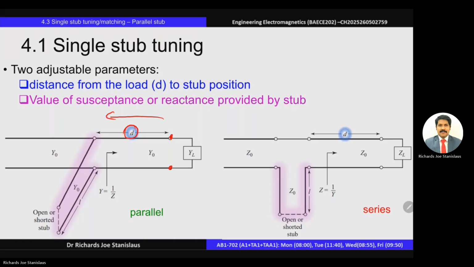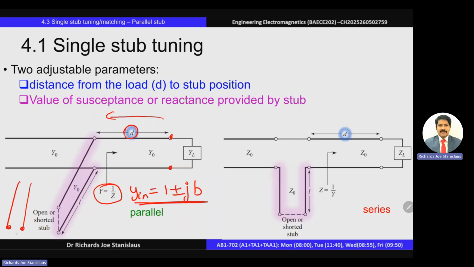We need to find a point where the normalized admittance has a value of 1 plus or minus jB. Once you find it, there we'll attach an open circuit stub or a short circuit stub, whichever is needed.